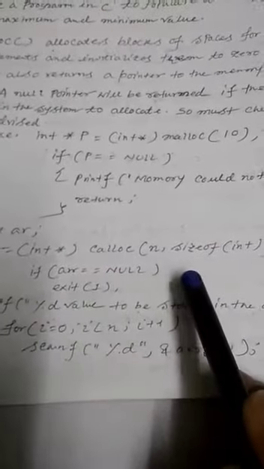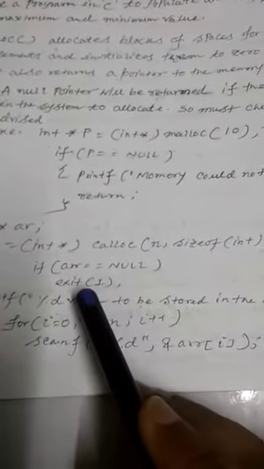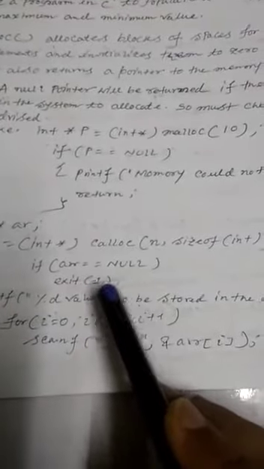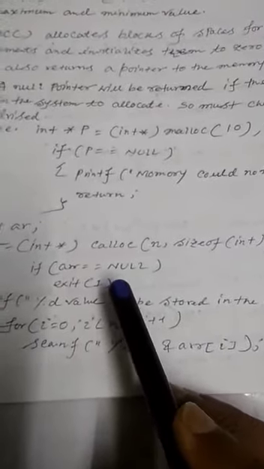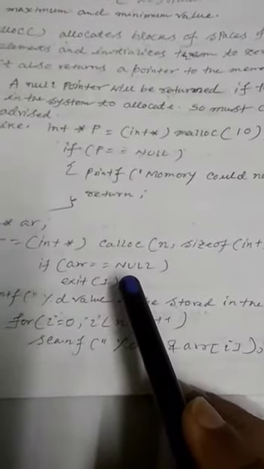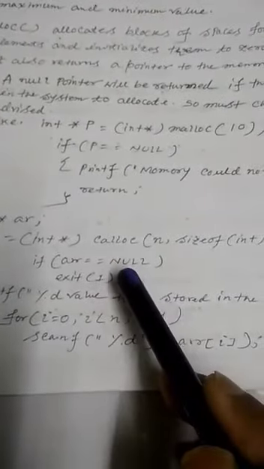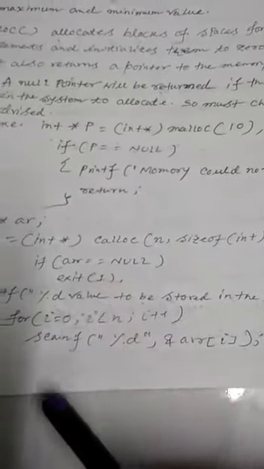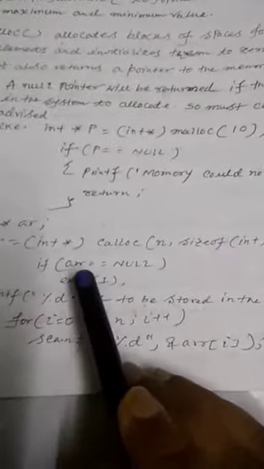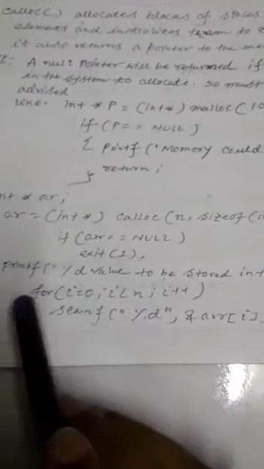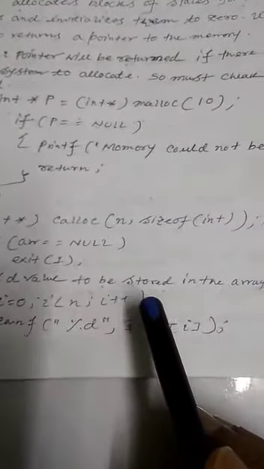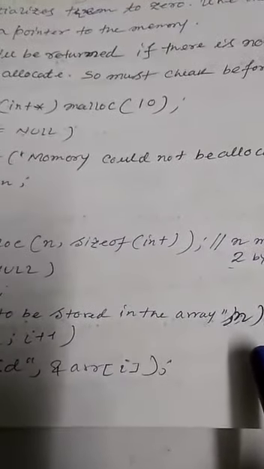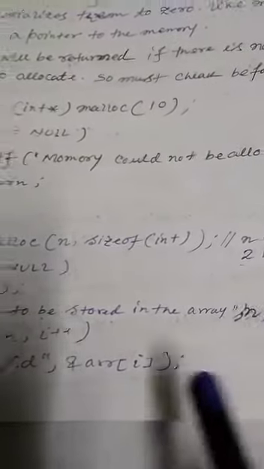If arr == NULL, then you are going to use exit(1). We know exit is a library function which will terminate the program. It will bring the control out of main, so there is no question of further execution. If arr is not NULL, then these things will be executed. Printf the values to be stored in the memory, n.